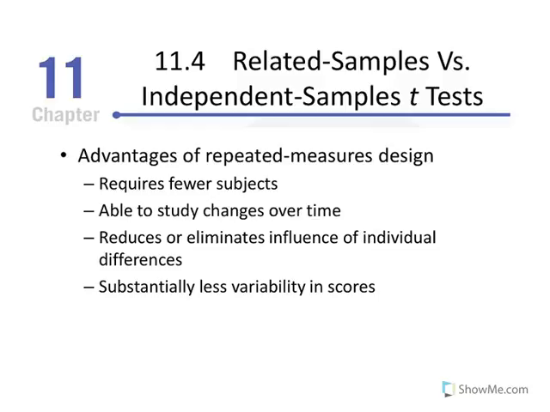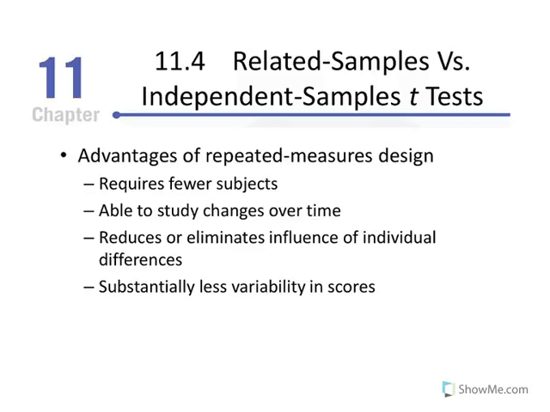So let's begin with the advantages of utilizing repeated measures design. First, it requires fewer subjects, right? If we have one group of individuals and they're going to go through all the conditions of the independent variable, we're saving ourselves a lot of time and headache because it's very difficult to recruit individuals to participate in research. So if we can use the same group of 20 individuals in all conditions of the independent variable, then it's seen as an advantage.